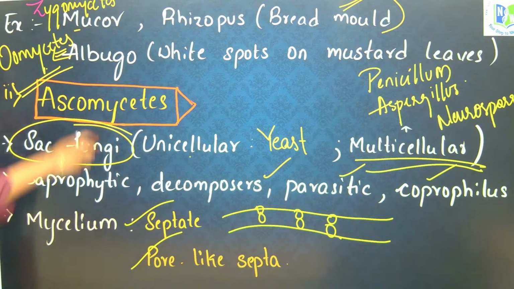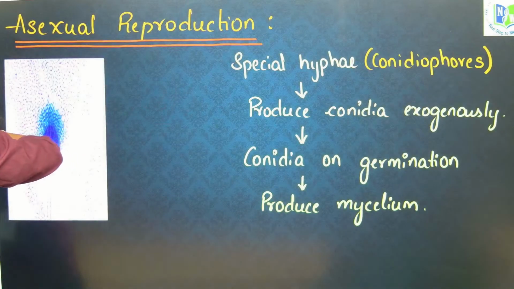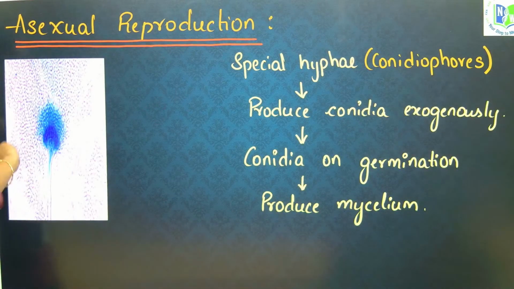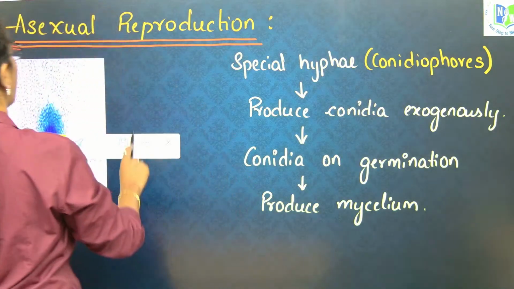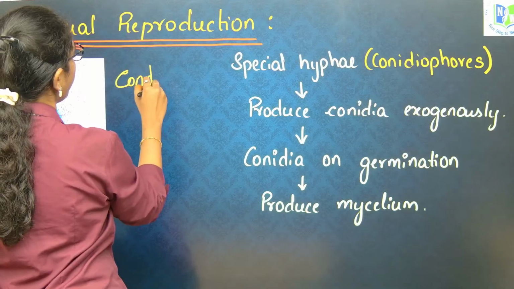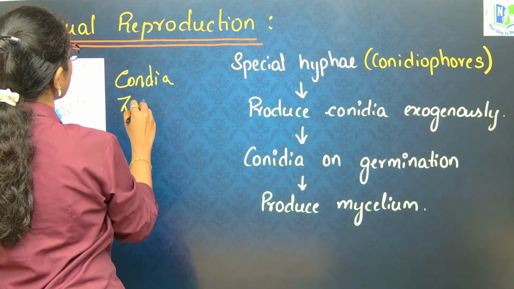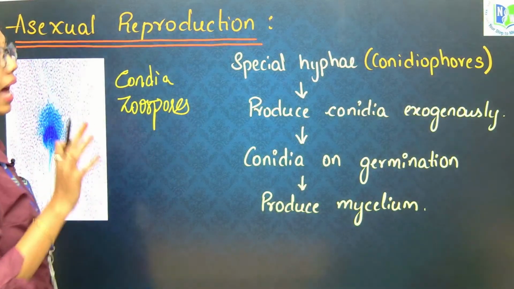Fine. Next. And asexual spores, the asexual spores in Ascomycetes are conidia and zoospores. These are the asexual spores which are in the Ascomycetes.